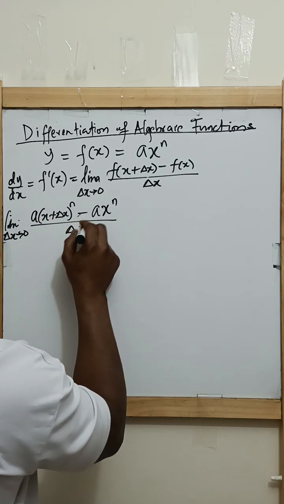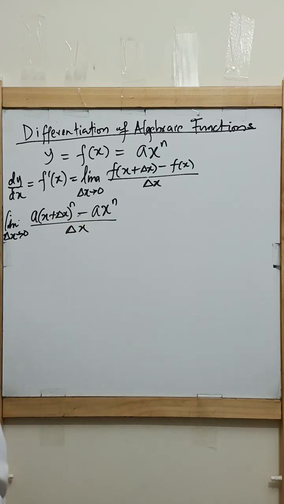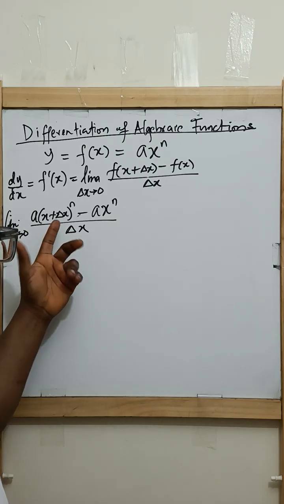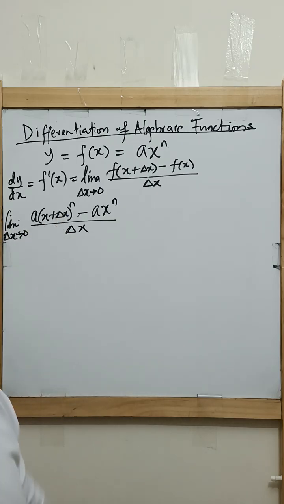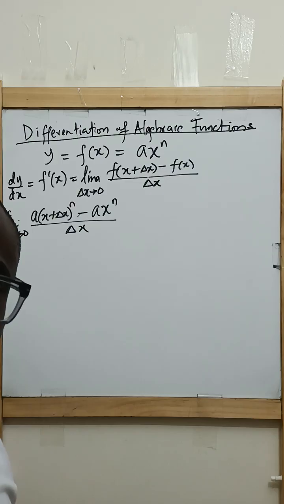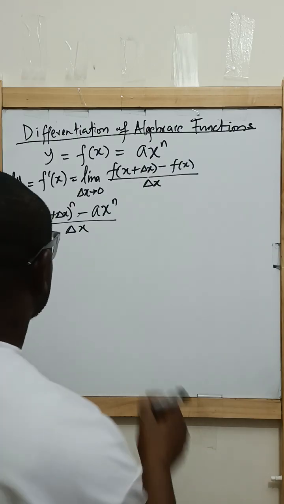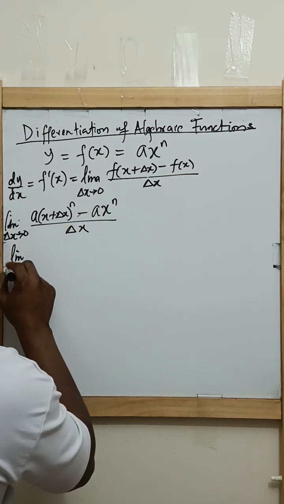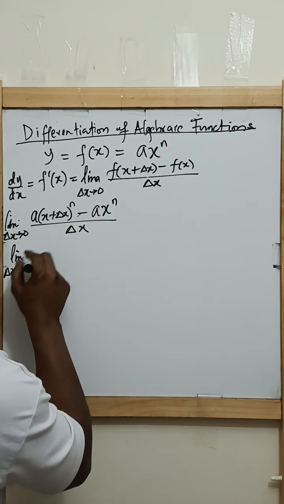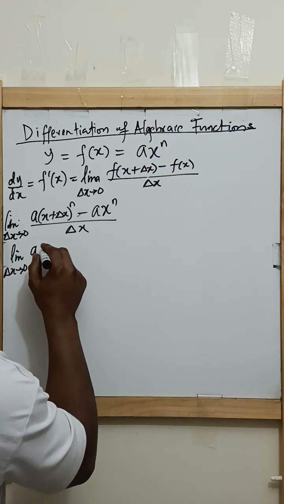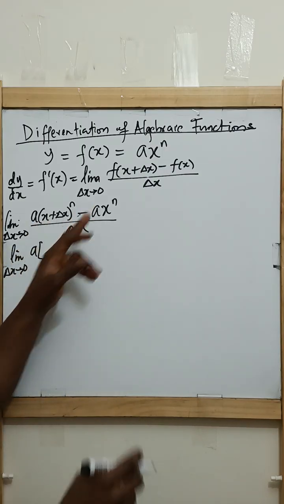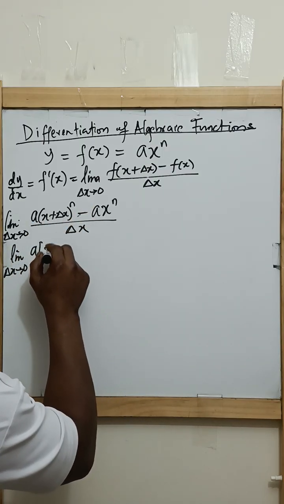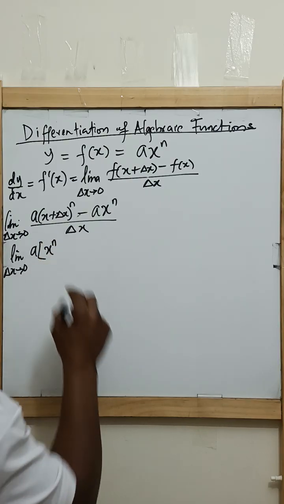All over delta x. And if you look at this very well, we can do the expansion of this using our binomial expansion method. So this is going to be the limit as delta x tends to 0 of a times the expansion of this one. The first term is going to be x raised to the power n.